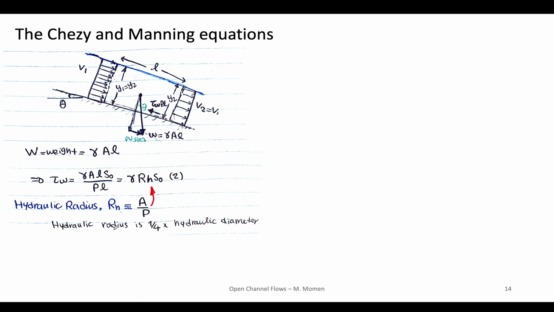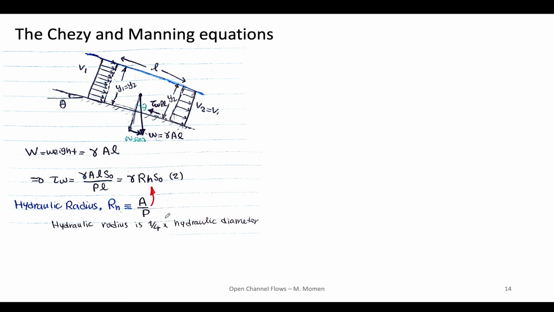So I'm not going to calculate it. You can calculate it yourself, but based on this definition, you can find that the hydraulic radius is going to be 1/4 of hydraulic diameter. Okay, so now let's continue.